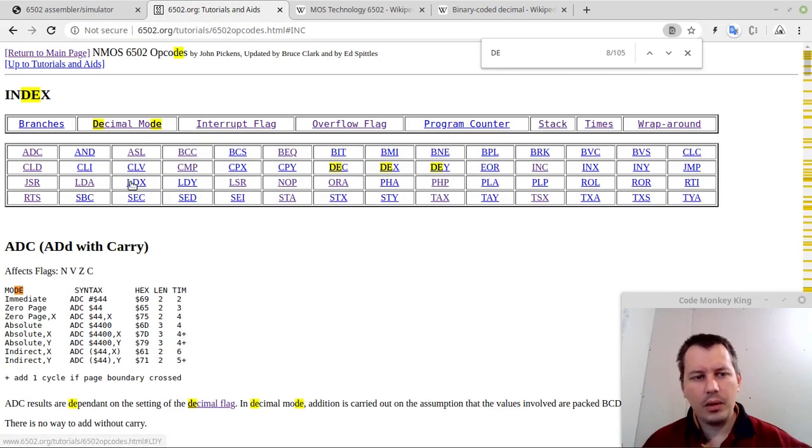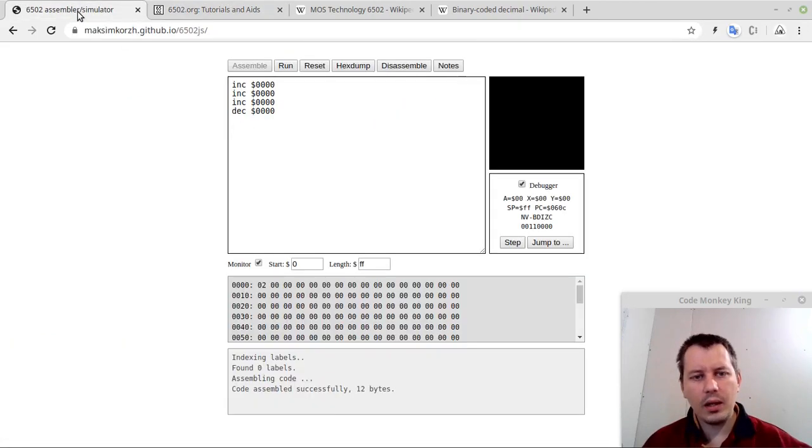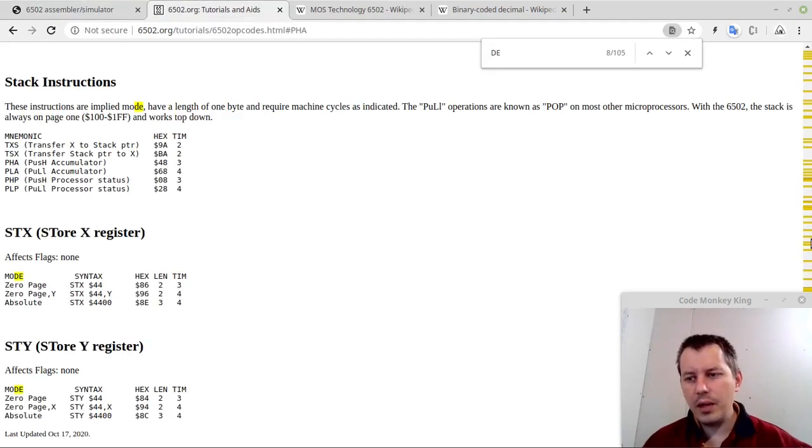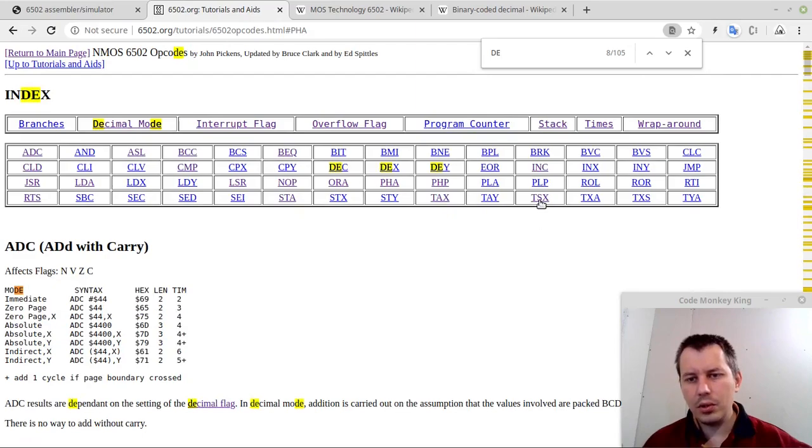So push, where is the push? Yeah, PHA pushes the value at the A register to the stack, and I believe that we can also push the value of the X register to the stack and pull it back by using TSX, right?